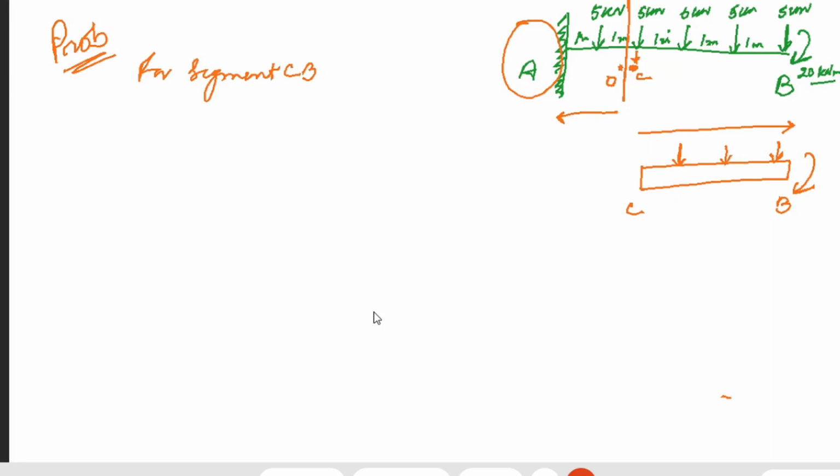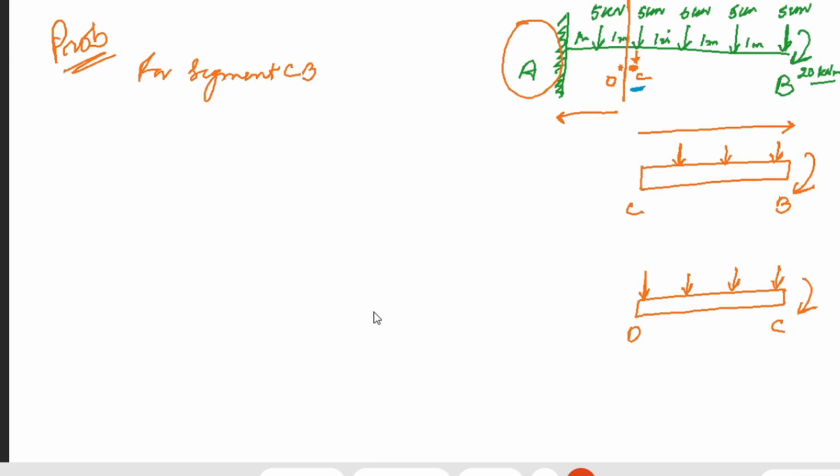This is CB, and I have another segment which is now DC. If you can see clearly, for segment DC there will be one more load added at point D, which earlier was not there when we were talking about CB. Here at point C, the load is on point C. Remember that.